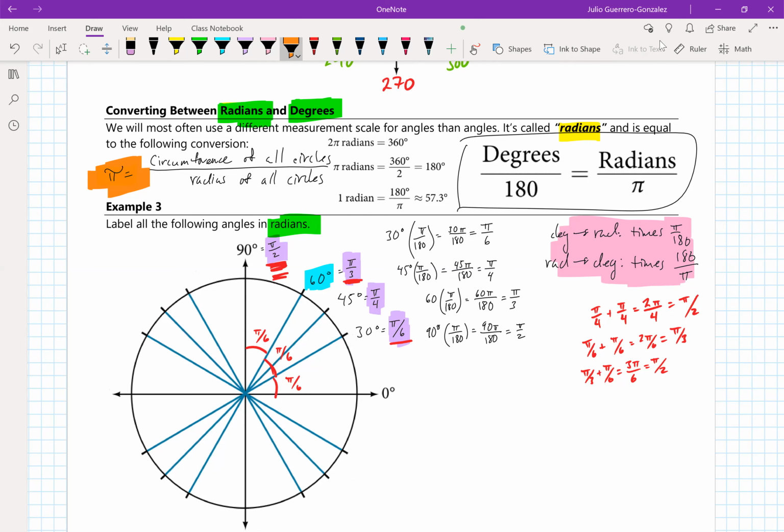On the other hand, pi gives us how many times we need to stick a radius of a circle together to get its circumference. So it's referring back to the shape itself. So pi refers to the shape, and degrees don't refer to anything.